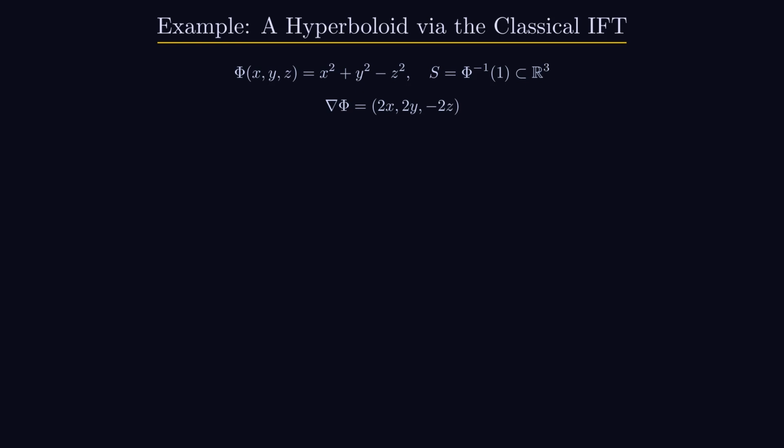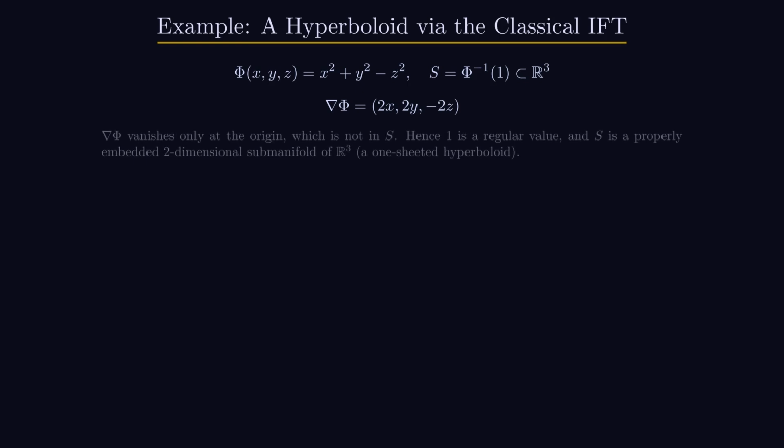The gradient of φ vanishes only at the origin. 2x equals 0, 2y equals 0, and negative 2z equals 0 simultaneously requires x, y, and z all to be 0. The origin has φ value 0, so it is not in the level set φ inverse of 1. Therefore, the gradient is non-zero everywhere on S. The differential dφ is then surjective throughout S, and 1 is a regular value. The regular level set theorem gives that S is a properly embedded two-dimensional submanifold of R3, the one-sheeted hyperboloid.